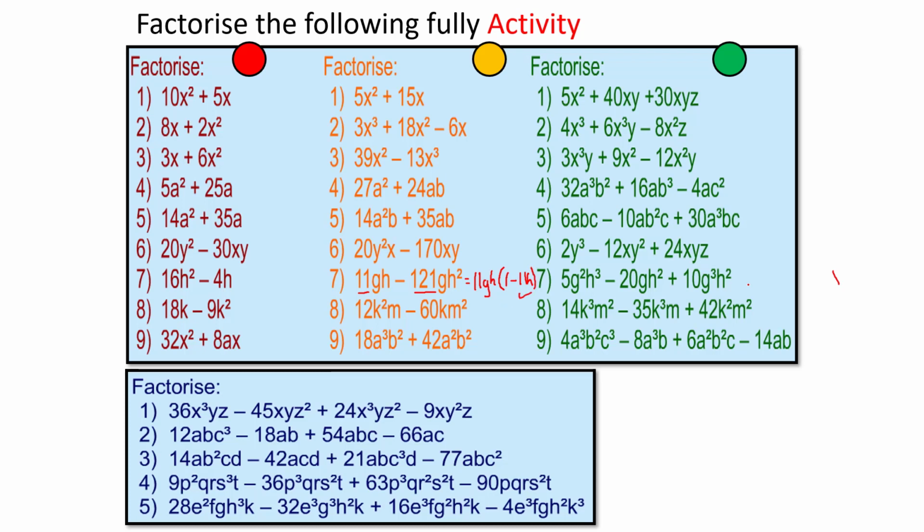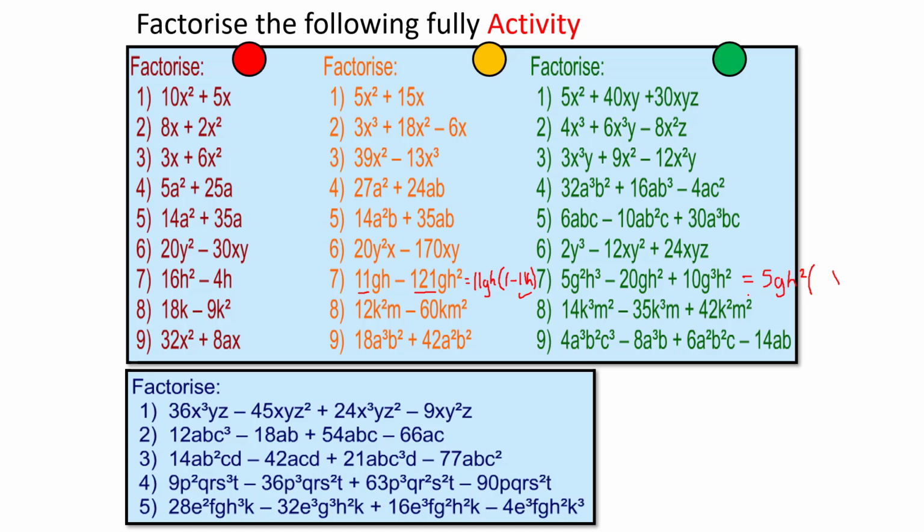Now the green question. We can see the highest common factor here is 5 for the numbers. Out of all the letters, you've got g squared, g and g cubed, so that has to be g on the outside. And the highest common factor for the h's is h squared. So let's open up that bracket.